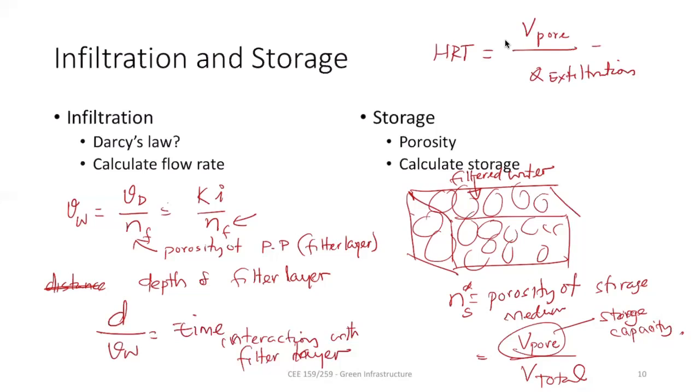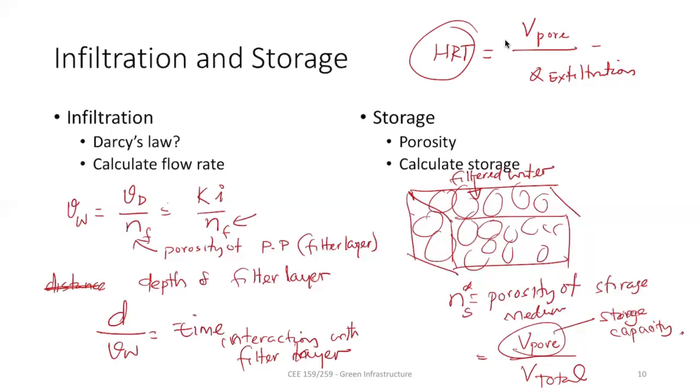Hydraulic retention time is important because you want to store it there and give enough time for the groundwater discharge to occur. At the same time, you do not want to keep it for long, because there will be anoxic conditions, there will be bacteria, all that stuff. But this is just another design parameter: how long it stores.